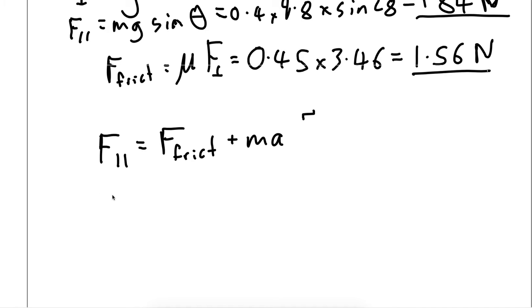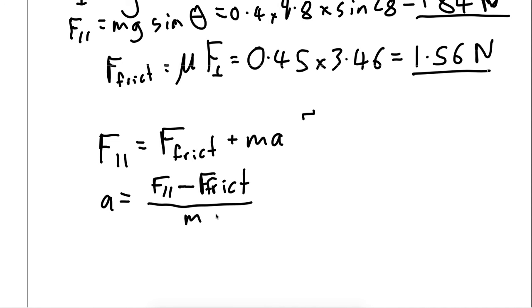Let's rearrange that. So acceleration equals parallel force. It's not F11, by the way, it's parallel. I probably should have had more lines on them. Minus frictional force over m, if I rearrange that equation.